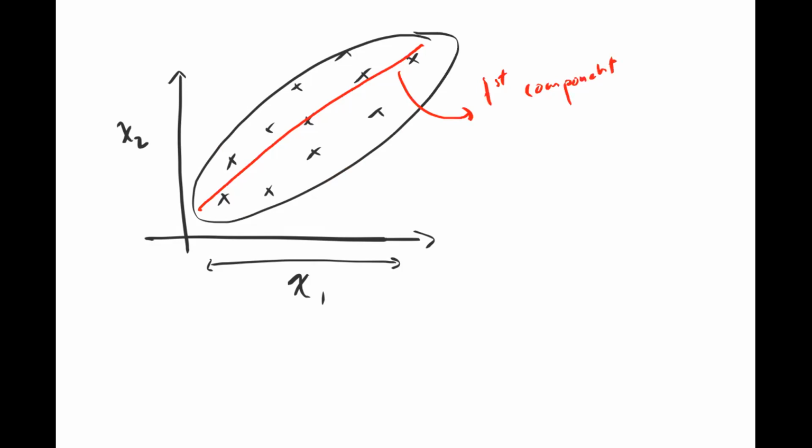And so if I were to rotate this red line to be horizontal, then you've essentially captured all of the variation along the horizontal axis. So you can think of this red line as kind of a new axis.